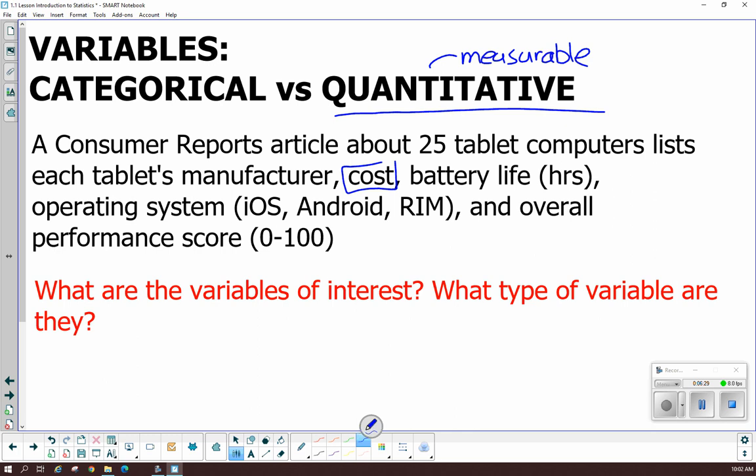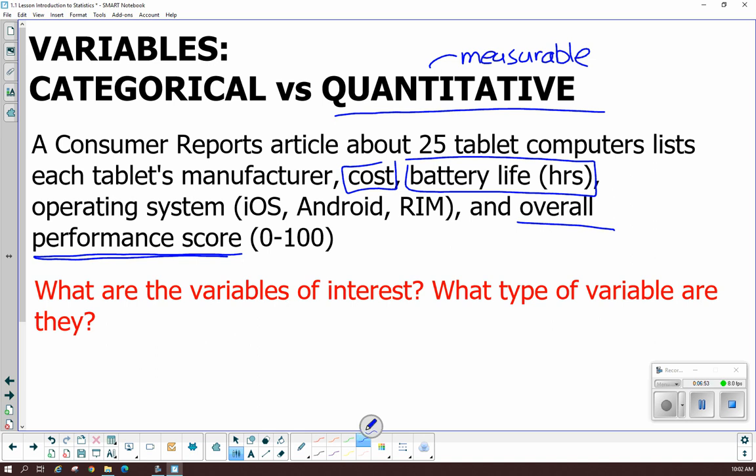I think this is a British reference. Battery life is in hours. How long do these things last before you have to charge them? And then performance score. The unit might not seem obvious. Maybe it's points, but that is something that is measurable.